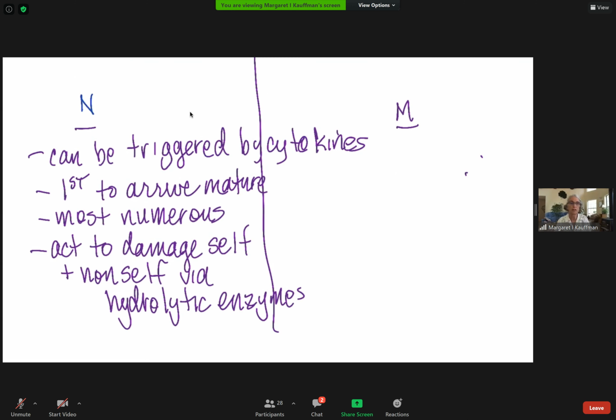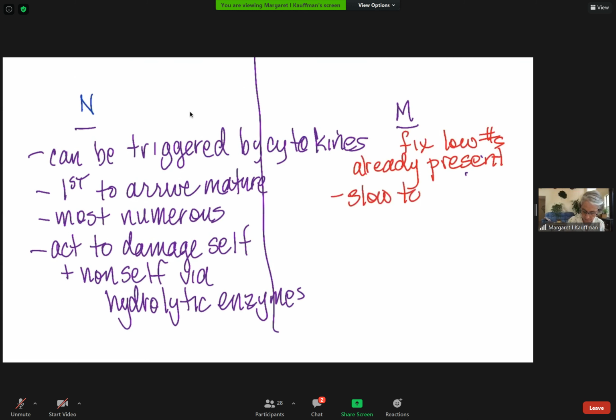But they are also mature when they arrive, whereas unless you're a fixed macrophage, which you could be, I'll try and do this a different color, fixed or low numbers already present, and then they're probably a dendritic cell, but again, we don't know if all of them are. Otherwise, slow to arrive from the blood.